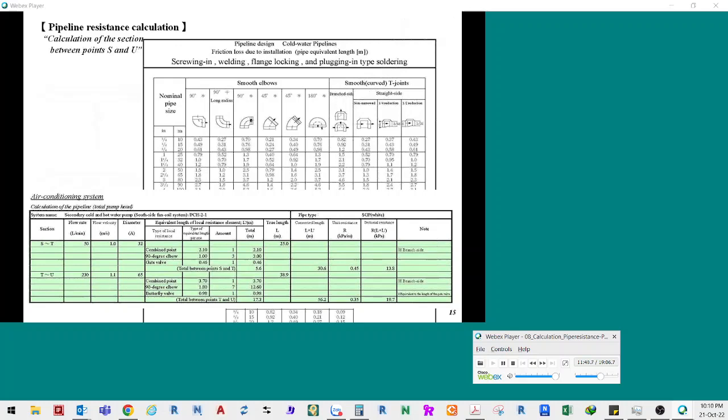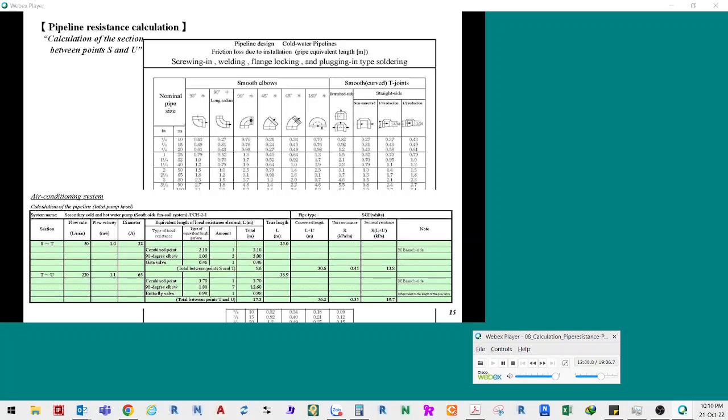Assume that the branched pipe is combined with the main line in the direction of the downstream side. Let's consider the branched side of the T-joint. Use the size of the pipe after the combined point when you determine the equivalent length of the combined type of T-joint.